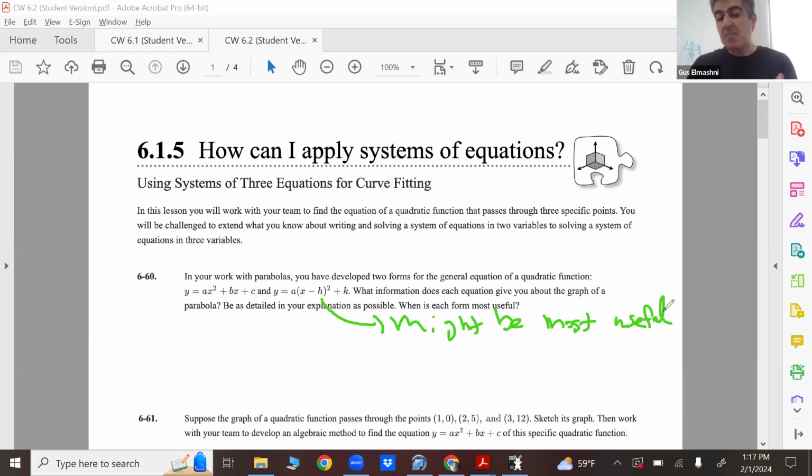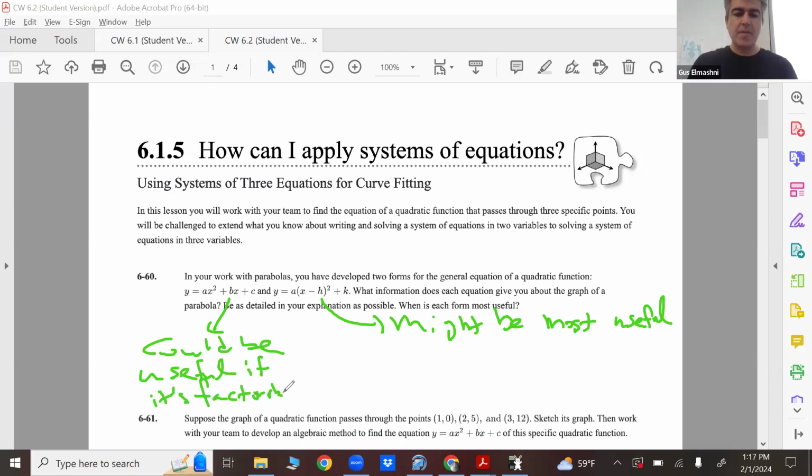I mean, this could be useful if it's factorable. By the way, if it's factorable, what does that tell us? What can we get from that if you can factor? What if you get y equals a parentheses x minus p, times x minus q, using some random letters?